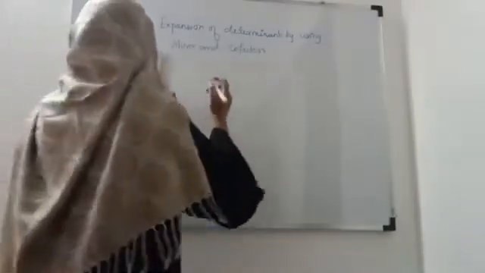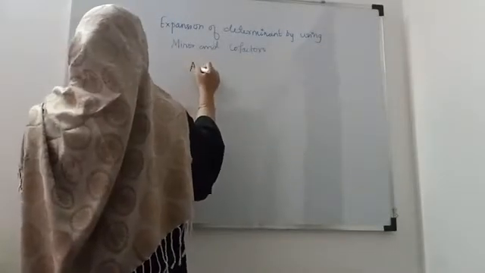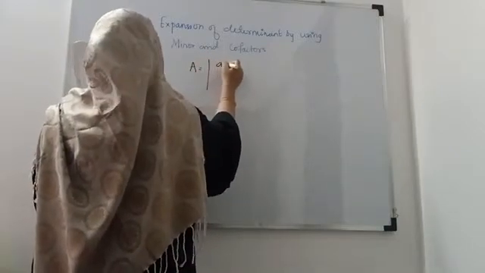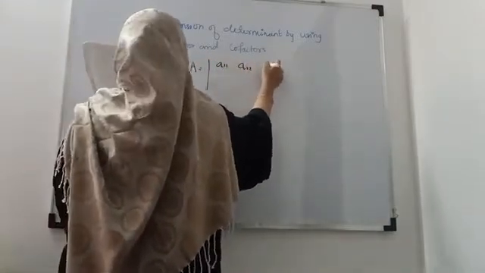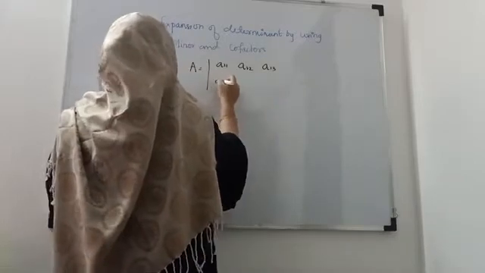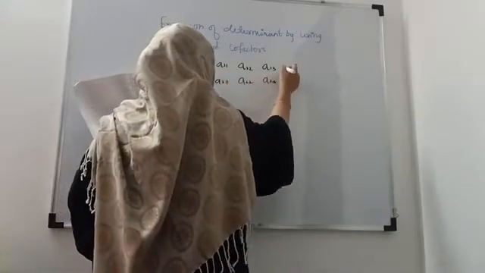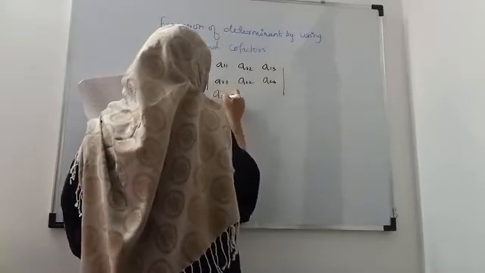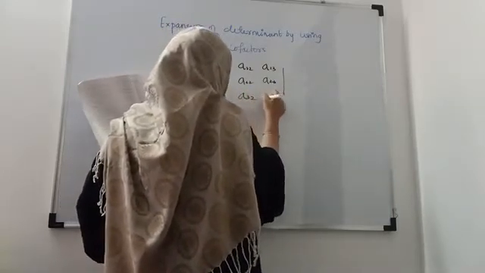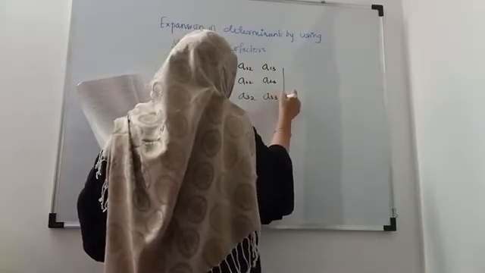So first of all, take A is equal to A11, A12, A13, A21, A22, A23, A31, A32, A33.